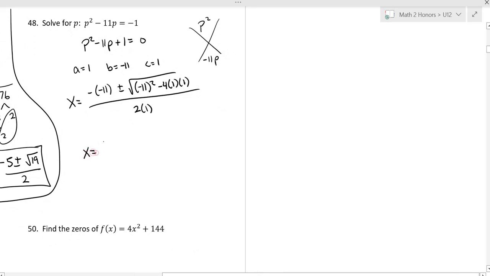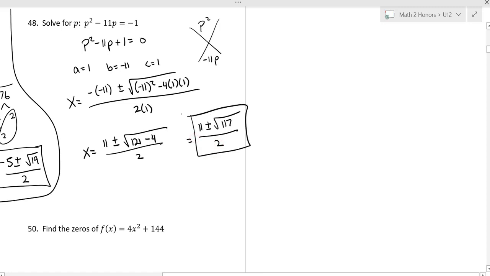So we get 11 plus or minus the square root of 121 minus 4 all over 2, which is 11 plus or minus the square root of 117 over 2. I think that's all we can do. I'm just going to double check.